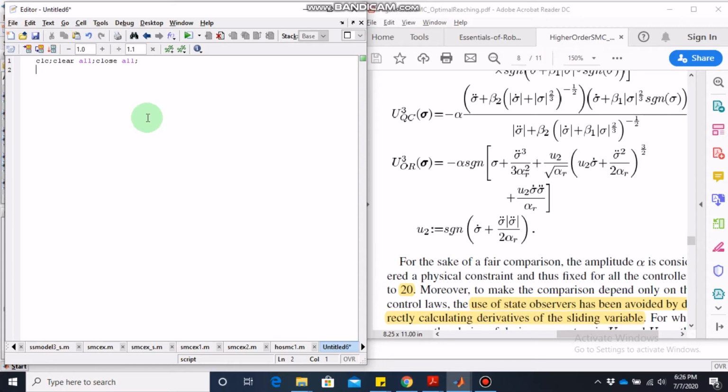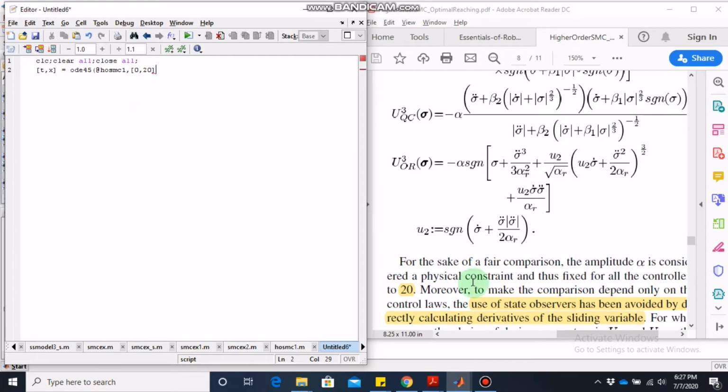So I give the command [t, x] equals ode45 and at the rate higher order sliding mode control 1, run it for 0 to 20 seconds.